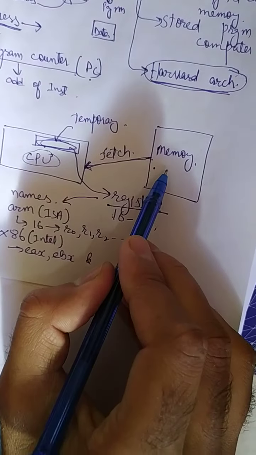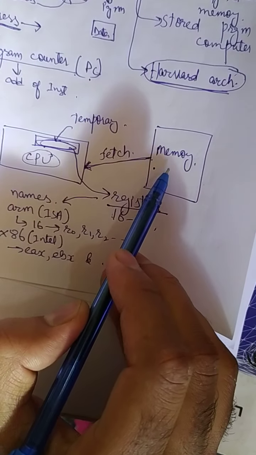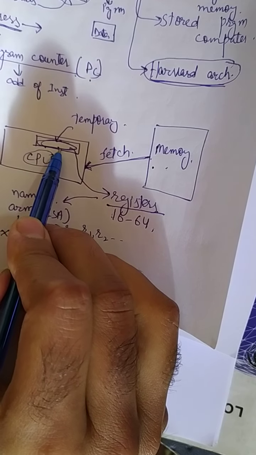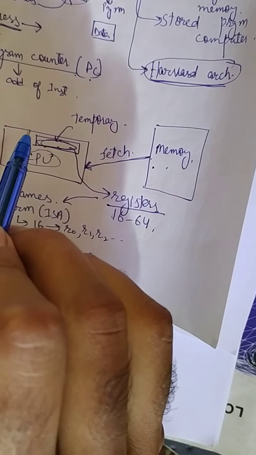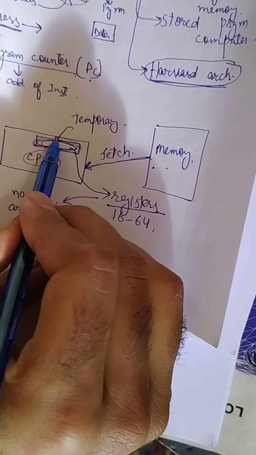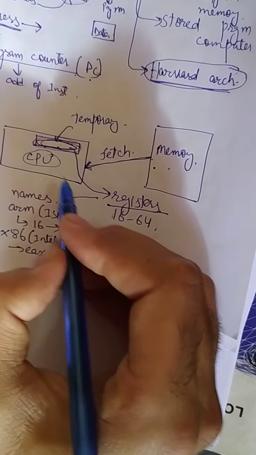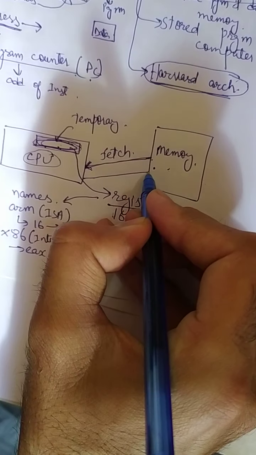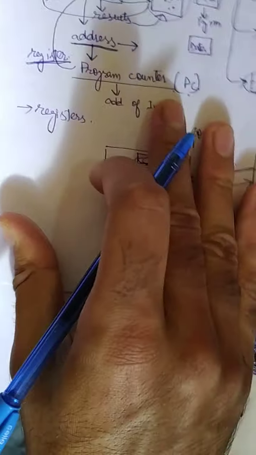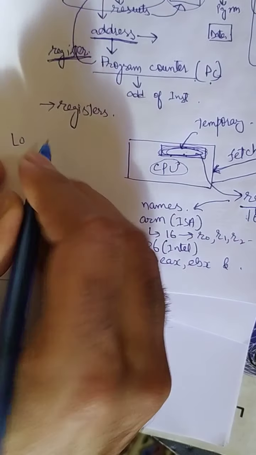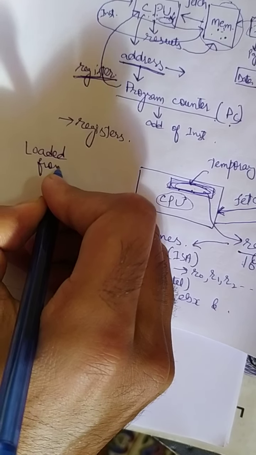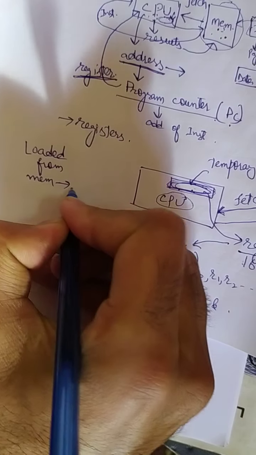So before performing any instruction, the data is first brought into these registers, and then the instruction is applied on the data stored in these registers, and the final results are then put back into the memory. So the data is first loaded from memory to registers.